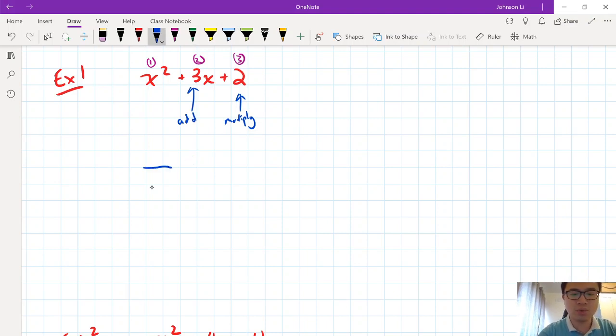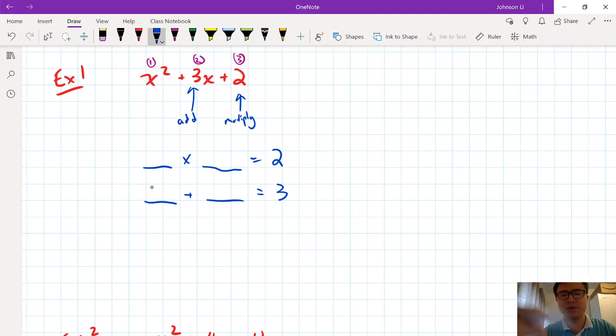We want a pair of numbers that would multiply to 2, and would also add to 3. You can think of it as figuring out different combinations of numbers that would work for both cases.